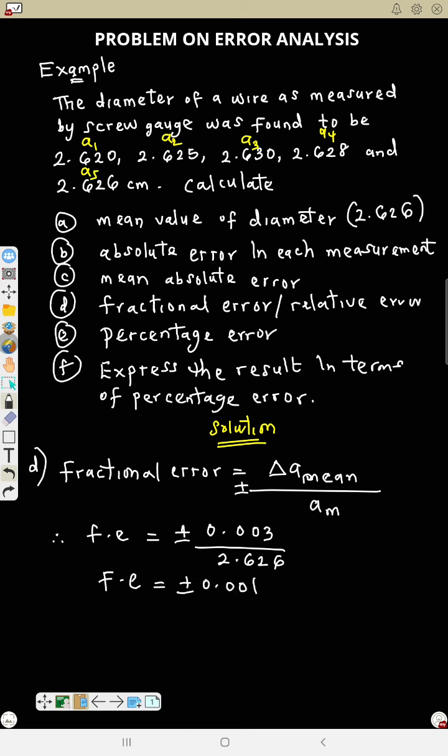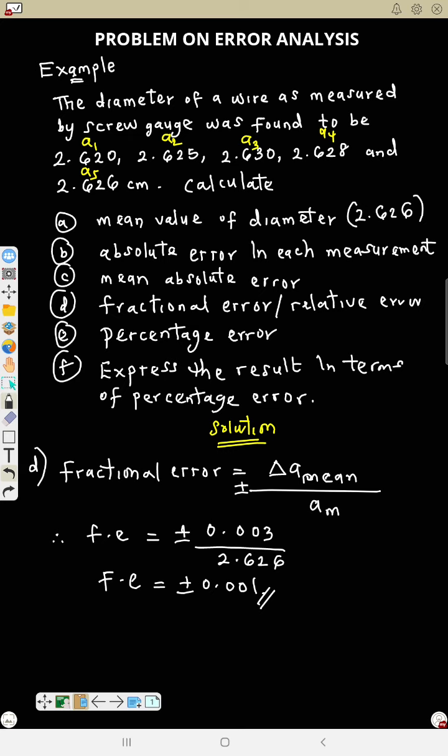Let me confirm that again. 0.003 divided by 2.626. So that will be 0.001, plus or minus 0.001. So that is our fractional error.